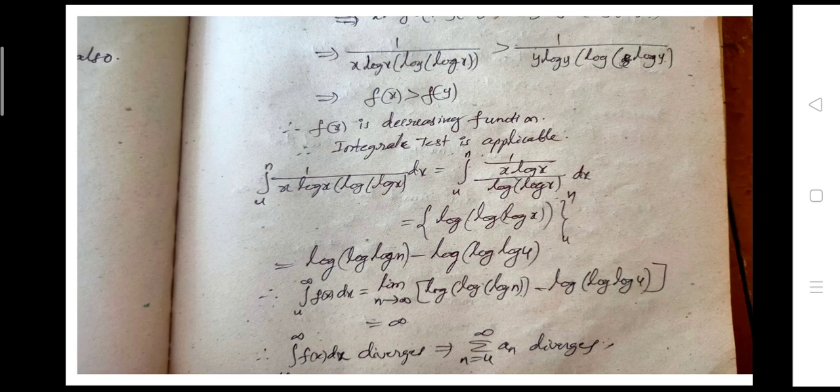So now this is in the form of integral f dash x by f of x dx. Here what is the solution of integral f dash x by f of x dx? That is log of f of x only. Here what is f of x? Log of log x, that is equal to f of x.